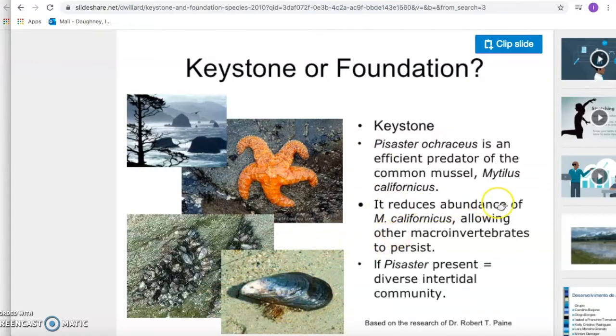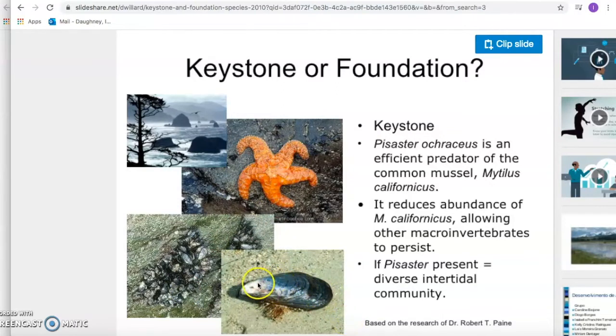So it reduces an abundance of that mussel, allowing other macroinvertebrates to persist, which basically is telling you the more mussels that the sea star eats, the more organisms overall have a chance of making it in an intertidal zone. So this sea star keeps the mussel population in check.